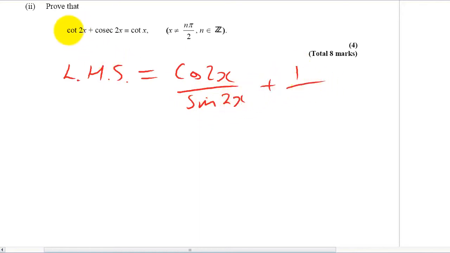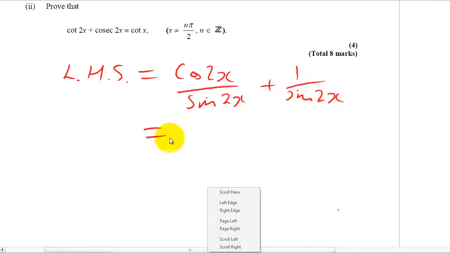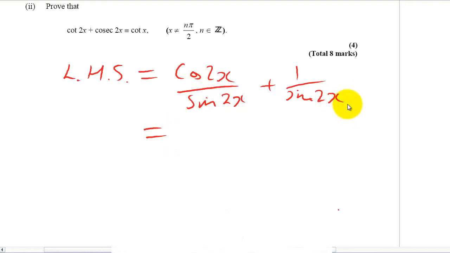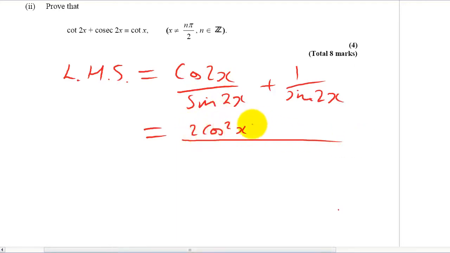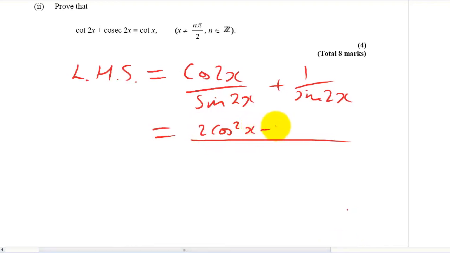So cot is 1 over tan, and tan is sine over cos. So therefore, cot is cos over sine, and cosec is just 1 over sine 2x. Now, let's use our double angle formulae. So we have cos 2x is equal to 2 cos squared x minus 1. And we know we've got this over the same thing, so we can add on that plus 1 here.